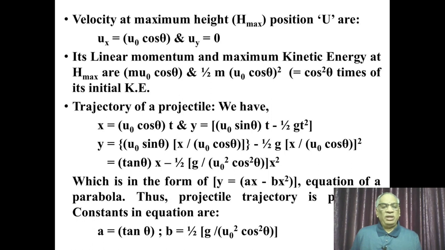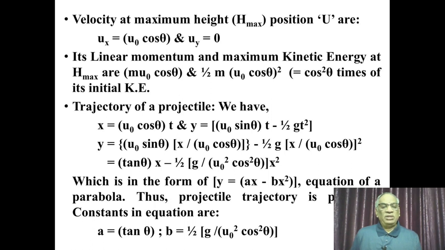And if you want to calculate the linear momentum, which is nothing but mass into velocity, and the kinetic energy, which is maximum, that is half mv square at h max, the maximum height point, m is the mass of the projectile body and u naught cos theta is the velocity. So the linear momentum is m u naught cos theta.